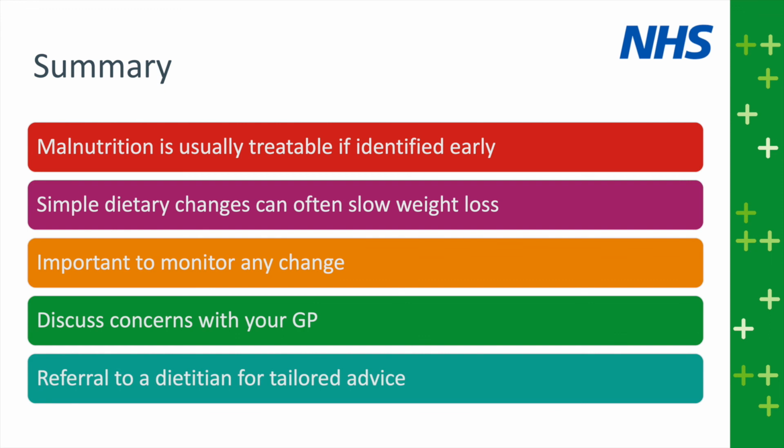It's important to monitor any changes and alert your GP if your weight loss continues or if you notice any of the red flags that we discussed earlier, as this may require further investigation or alternative nutrition support measures. And don't be afraid to ask for further support. Dietitians are registered health professionals, and we are able to provide tailored dietary advice to support your individual needs, and your GP can refer you to a dietitian.